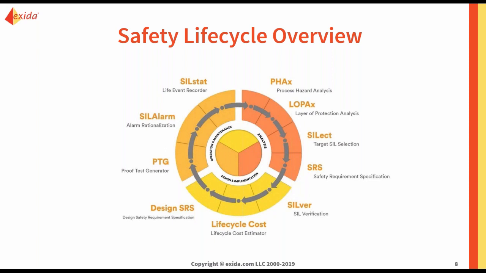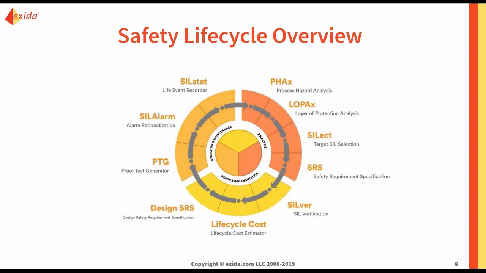In the PHA and the LOPA, you might be dealing with some alarms as safeguards and then independent protection layers. This information can feed into our alarm rationalization tool, SIL Alarm, which is going to allow you to prioritize and classify the different alarms and how you want them to be implemented in your safety system so that the operator has a chance to effectively respond to the alarms.